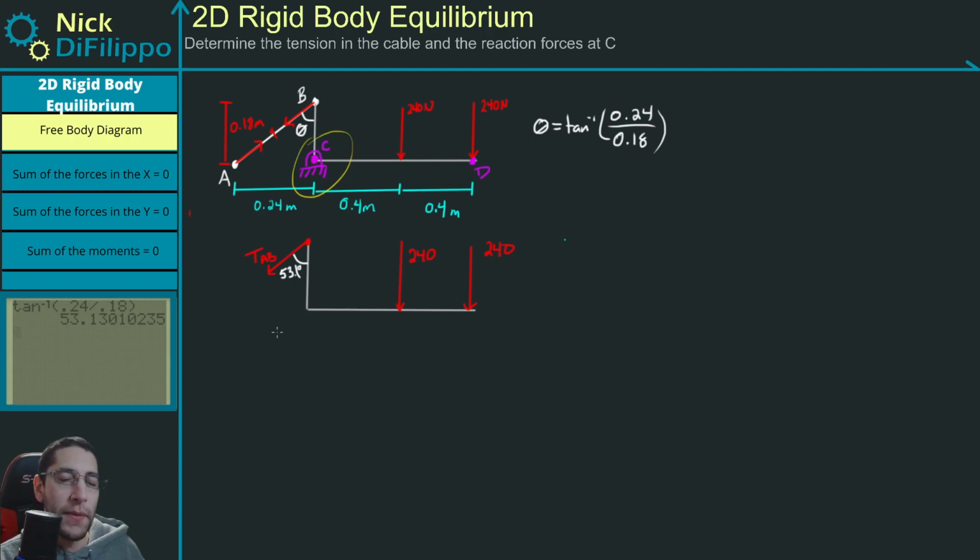Our pin joint. Pin joints are going to have two different reaction forces. We're going to have one reaction force that goes in the Y direction and one that goes in the X direction. So we'll call this CX and CY. When I don't know what the reaction forces are, I want to assume they're in the positive direction. That means anything going to the right is positive and anything going up is positive.